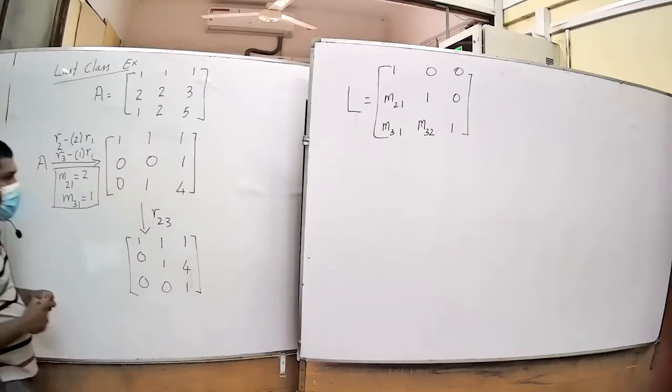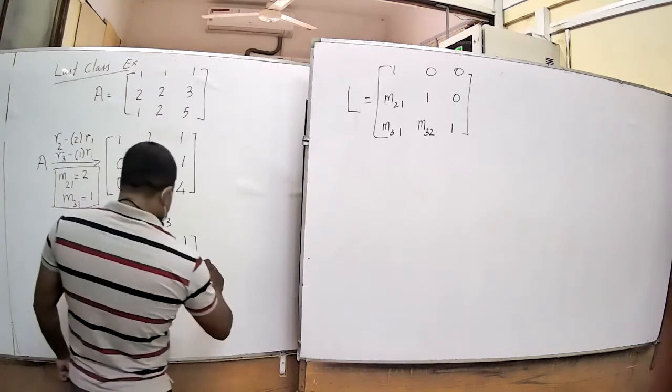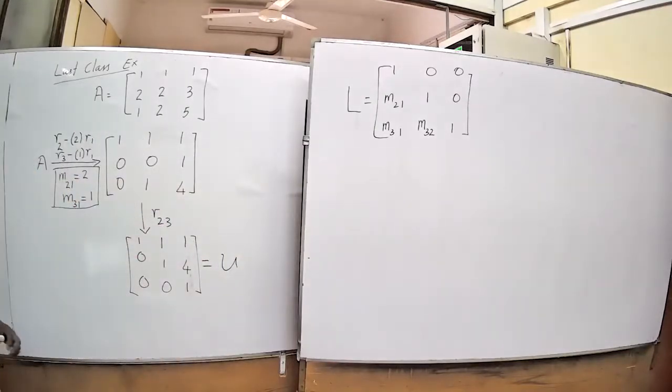So this is what you get after interchanging two rows. So this is clearly U.